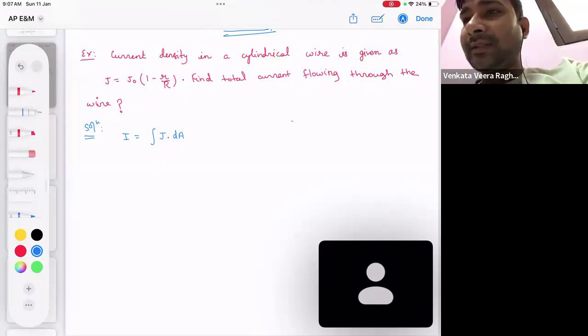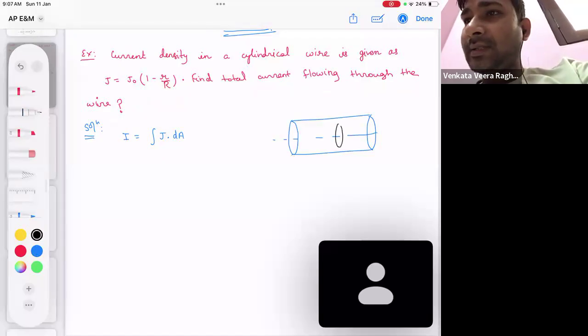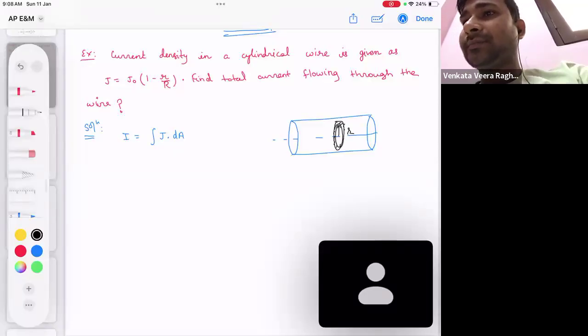Okay, and this is a cylindrical wire, right? This is what kind of wire? A cylindrical wire, isn't it? So what we did is, at a distance small r, we consider a small dr thickness. What will be the current through this small area?